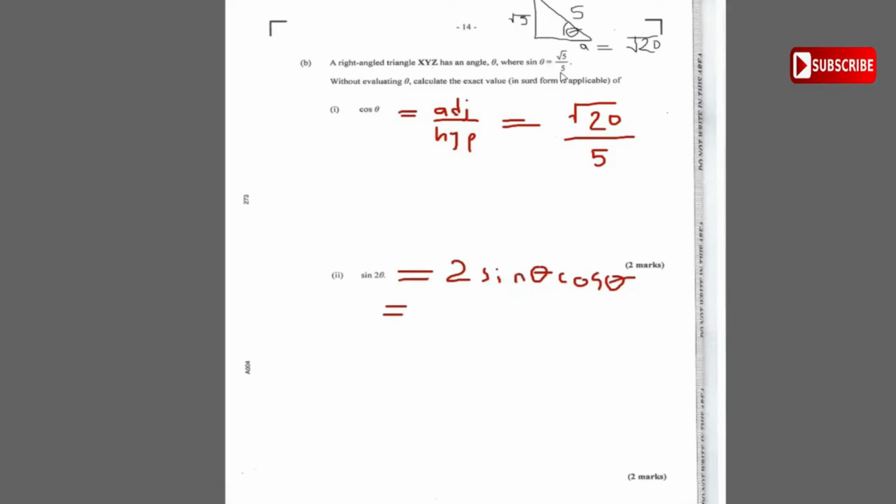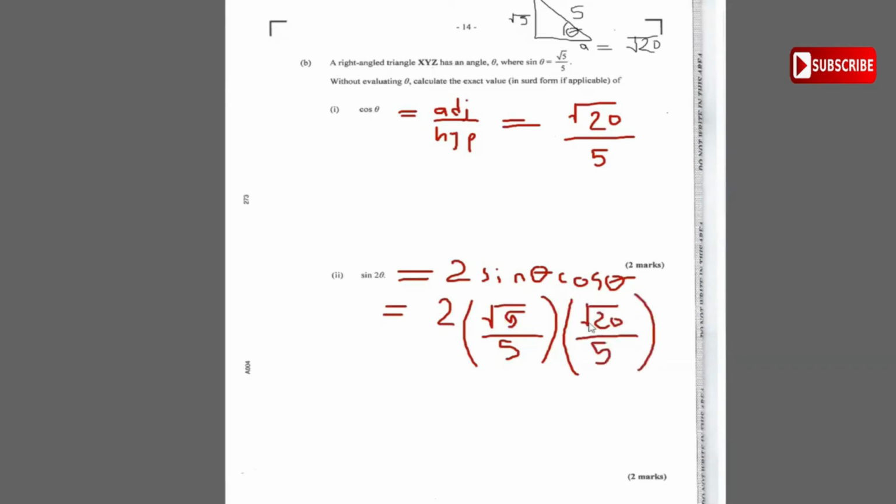Sine theta is √5/5. So this works out to be 2 times √5/5 times cos theta, and we know that cos theta is √20/5. And this will give us sine 2 theta.